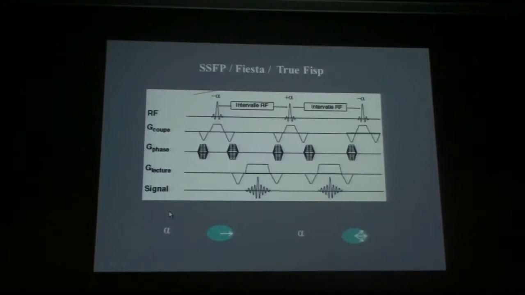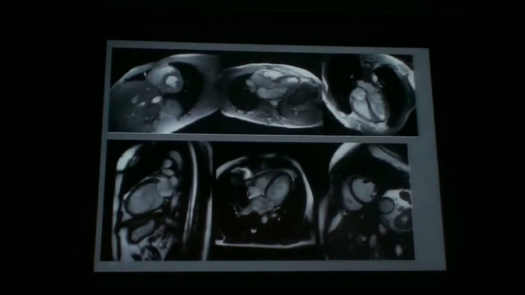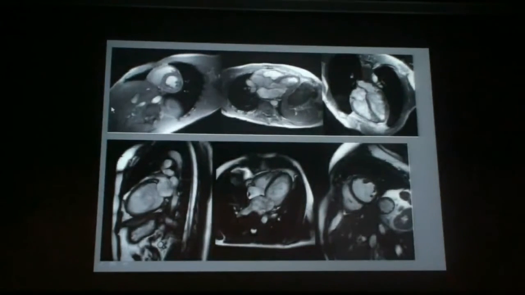So they're useful, but the most used sequences are the SSFP sequences that are going to take advantage not only of the longitudinal magnetization, but also of the transversal magnetization using bipolar gradients, equilibrium gradients. I'm not going to enter into details, but I'm telling you that so that you understand the differences between these sequences that can be used at 1.5 Tesla or 3 Tesla with different advantages and disadvantages.